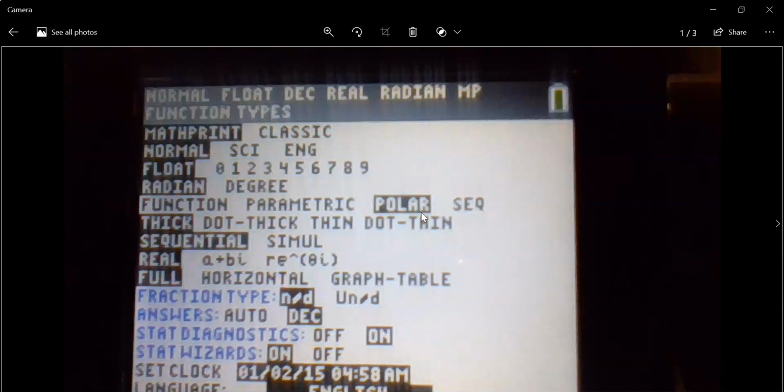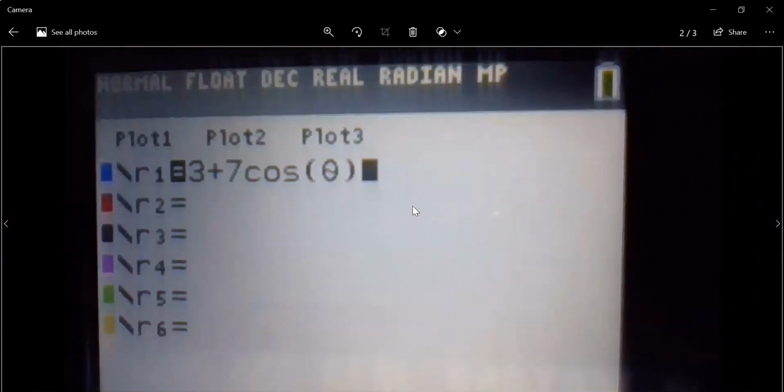Now, once you've done that, you can simply hit y equals, and you're going to have a screen like this. It'll have R1 is equal to, and I've already typed my equation in. Obviously, this is just a picture of my calculator screen because I can't do this on an overhead like I normally would in class. So 3 plus 7 cosine theta.